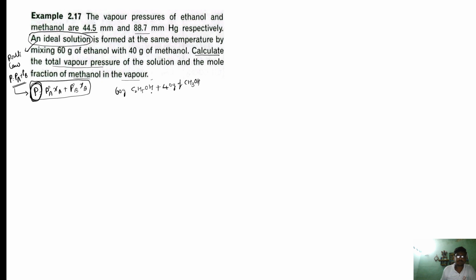This is ethanol. It is 44.5 mm and 88.7 mm. These we know. We don't need to worry about this. These they have given. The other thing we need is the mole fractions. See, since it is a binary mixture, the mole fractions of component A plus component B will be equal to 1.